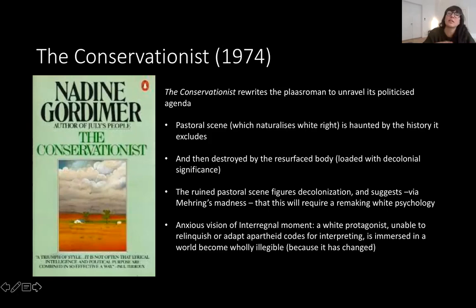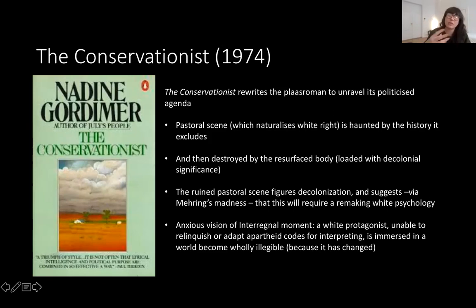Her point here, and I think she's exploring this in this novel as well as in that essay, is that the unmaking of apartheid will really require the unmaking of white psychology, and that is essentially what we have happening in this text.